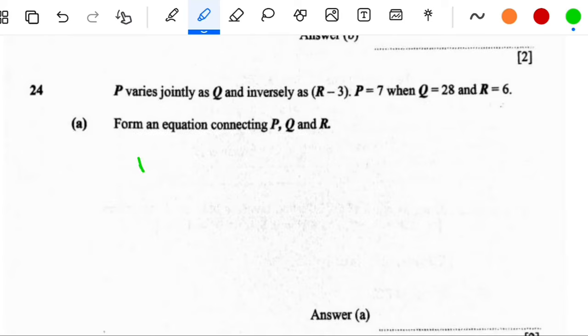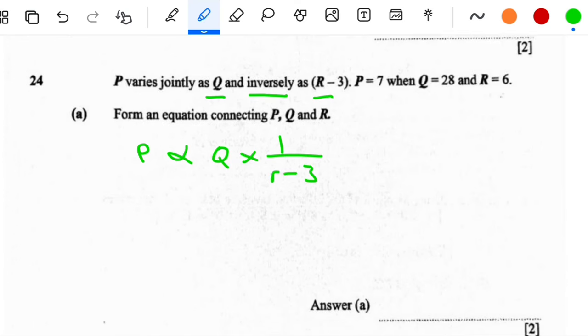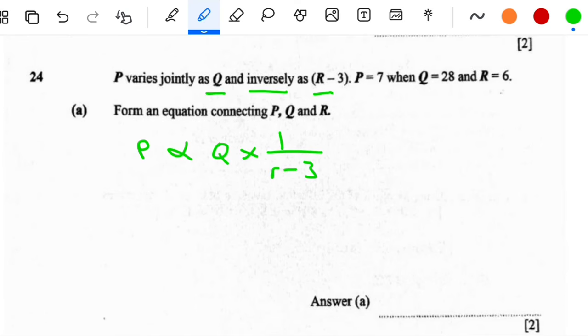We have got P varies jointly as Q and inversely as this one. So here we say times 1 over R minus 3. Okay, then I can simplify there and have P equals kQ over R minus 3. So this is a big R there.